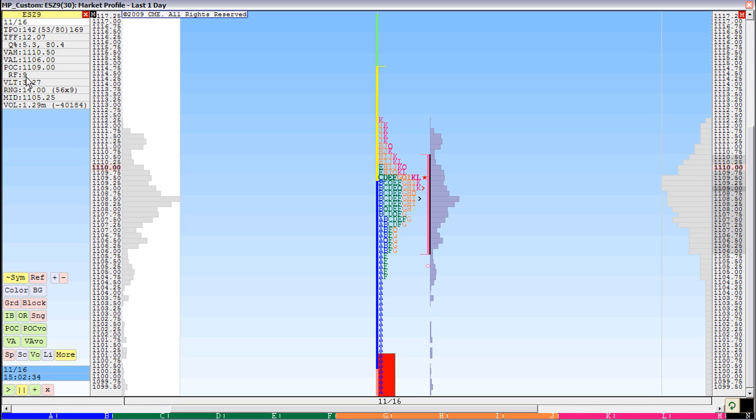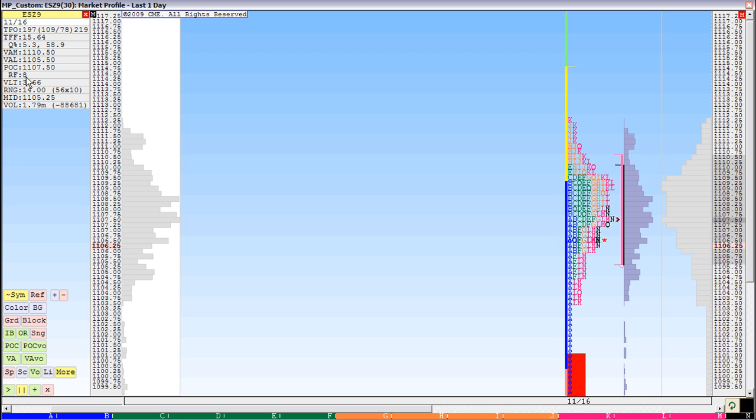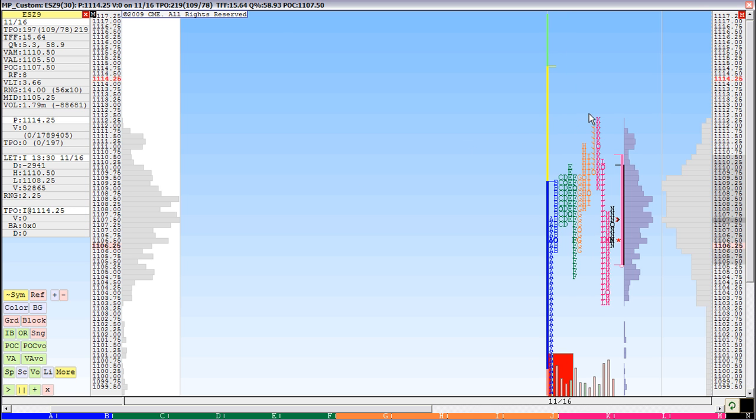K's come in there. Now you see there, K stalled. So from K to L was where we stalled. I split these letters out. See, K made a higher high.